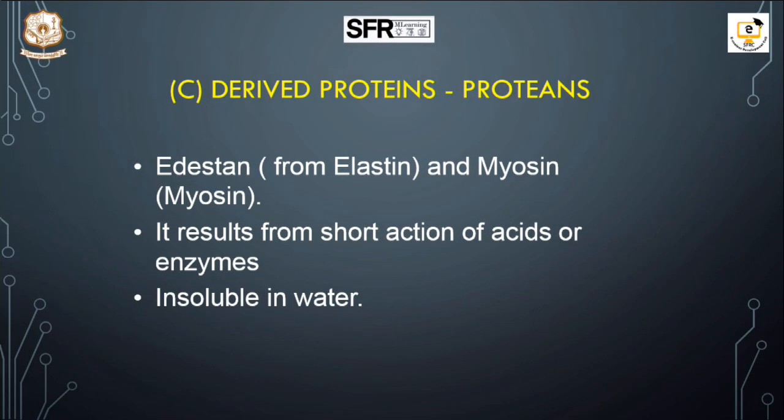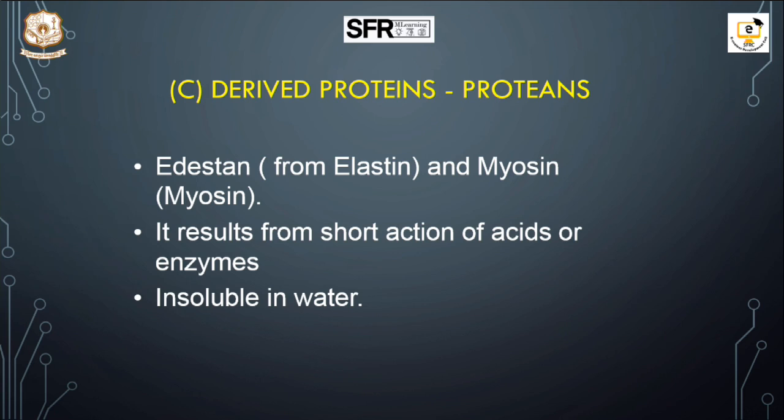The next one is derived proteins. When simple and conjugated proteins undergo certain reactions, we get derived proteins, such as elastin, and myosin present in muscles. These are the derived proteins.